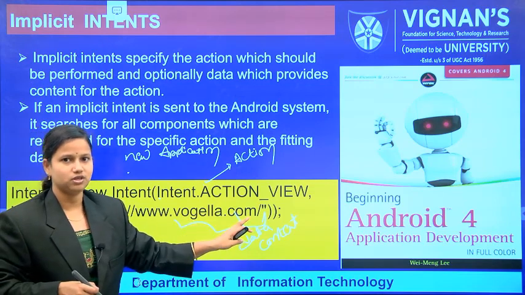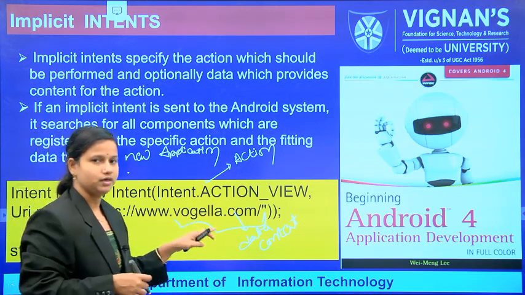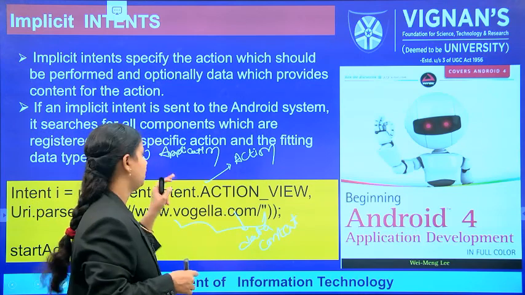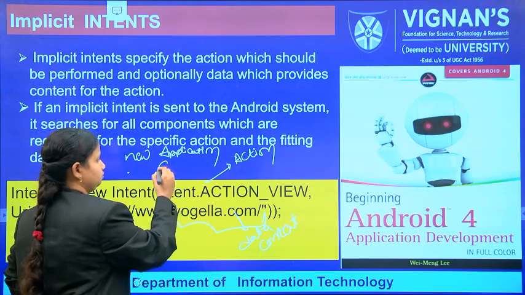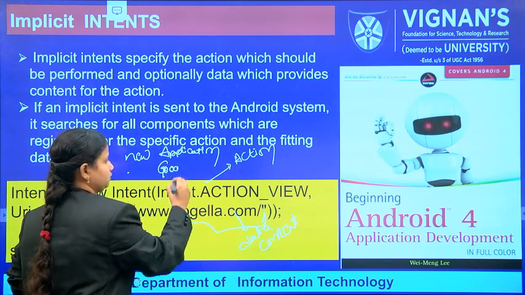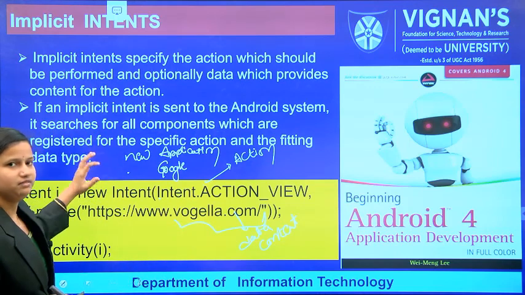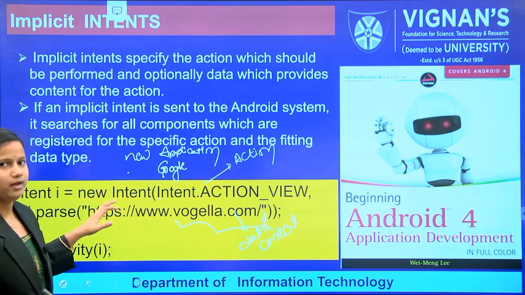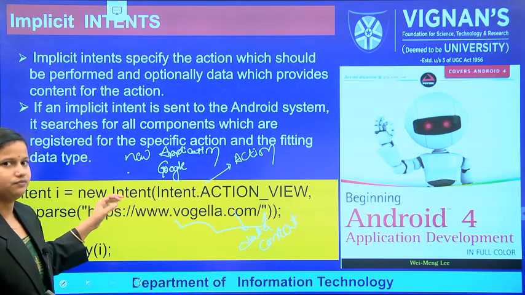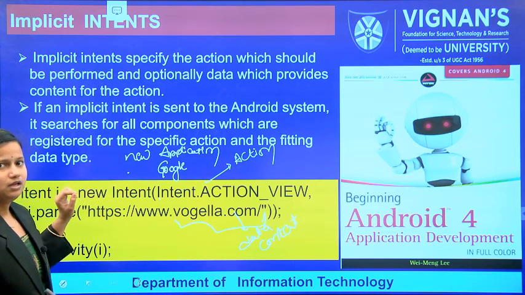That means you are moving to another application, such as Google or any browser, to access this website. So implicit intents are about navigating from one application to another application. We have to use this concept as implicit intents.